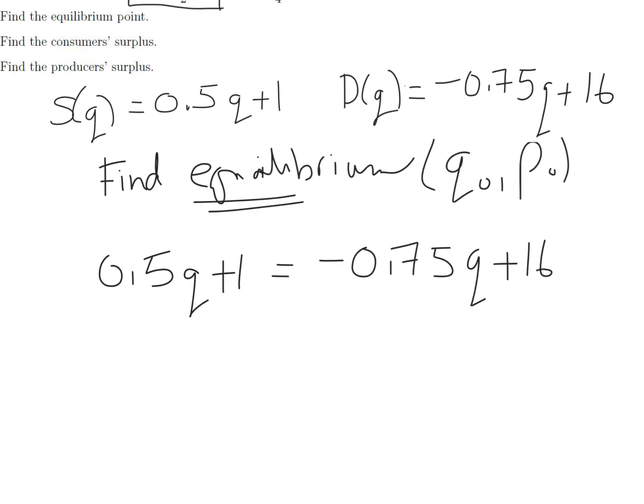So get all the Q terms on one side, the constants on the other. So we're going to add 0.75 Q to that side, right?